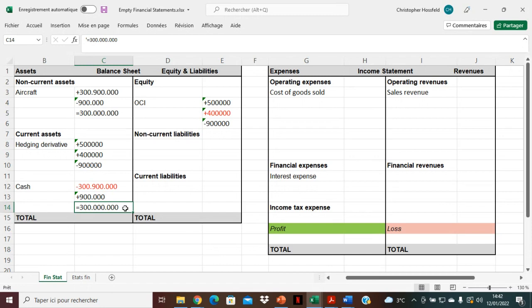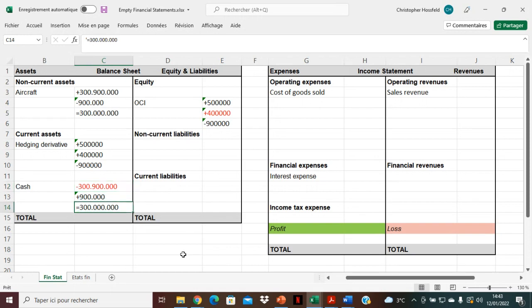Maybe the exchange rate moves in a way that is favorable for me, and the $300 million at the date of payment, February 15, would require less than 300 million euros to buy on the market. But because of my hedge, I will always pay 300 million.